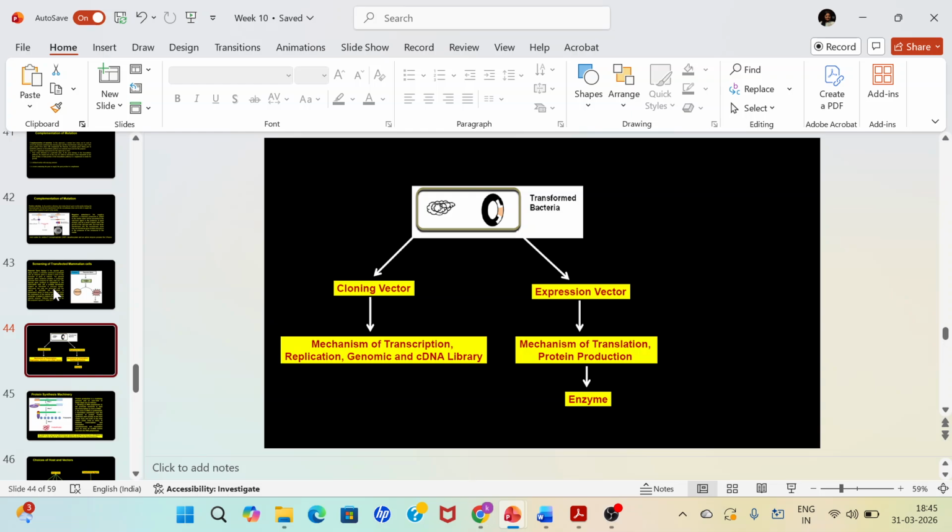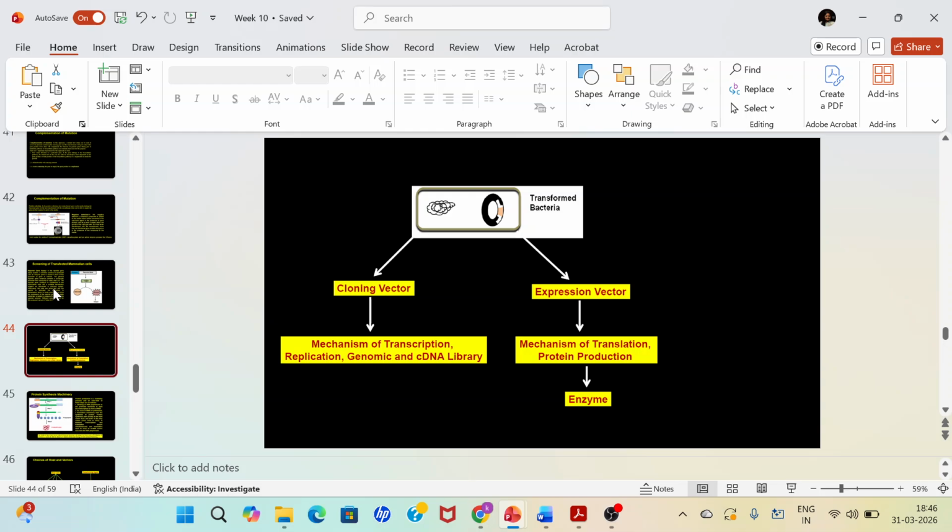The expression vector is generally used when we want to form the protein from the cloned vectors, and if we want to use them for other purposes like replication, genomic or cDNA library formation, and further cloning related things only, then we'll go for the cloning vector. But if we want the expression of that particular gene, then we will go for the expression vector.